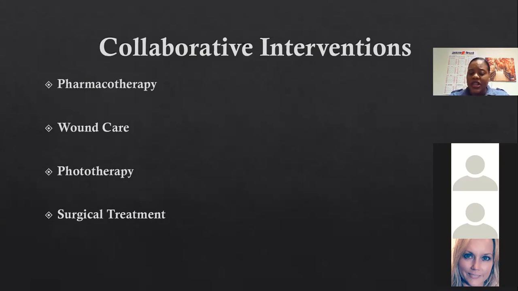Phototherapy, like we said, is with the light on the area. It helps to dry it out, helps the area that's exposed to heal, and then any kind of surgical treatment. Now, let me say this when I'm talking about surgical treatment. I've seen this a lot in paraplegic patients or patients that are completely paralyzed.